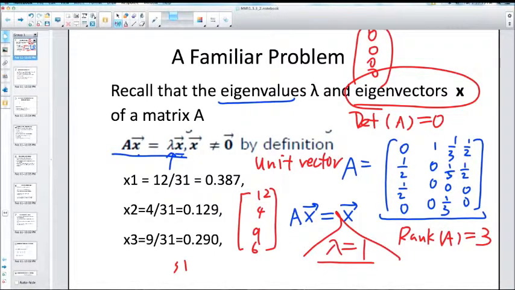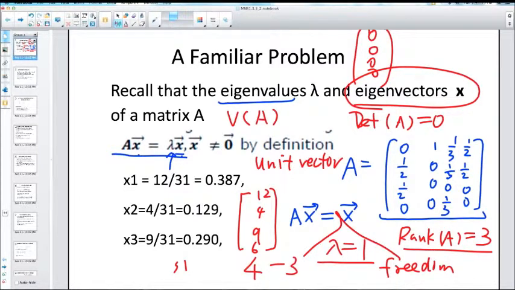So you remember we talked about the eigenspace V of A. This eigenspace is one-dimensional because you have one freedom. Remember, the freedom equals the total number of variables, which is 4, minus the rank of the matrix, 3, and then you have one freedom, meaning you get infinitely many solutions, but all the solutions must stay in a straight line.